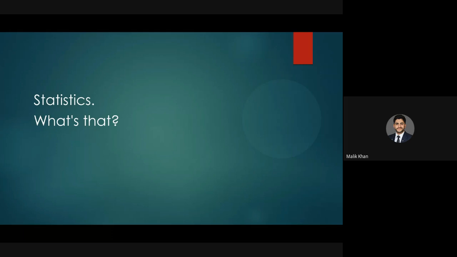So statistics is when you collect data, maybe from the population, or from already published literature, and then you analyze it, you write about it, and you play around with it. You look at the prevalence of something, you look at associations between things, and you use certain measures, like measures of central tendency.